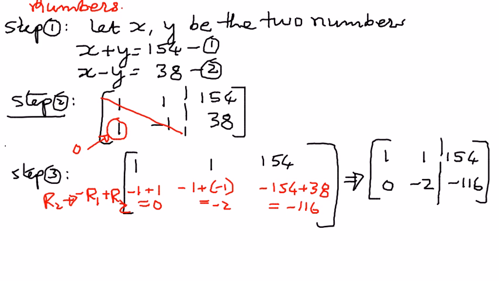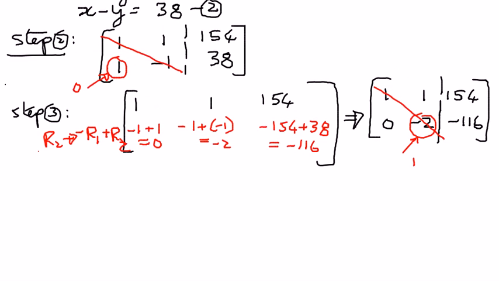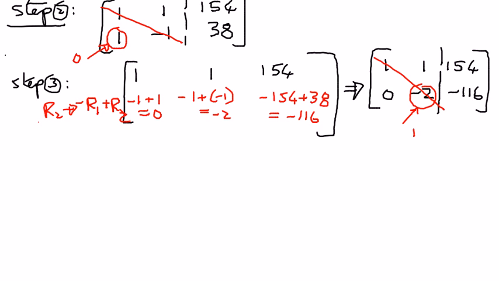What we need now is a 1 in this location. We already achieved a 0 below the diagonal, so to achieve a 1 there, we're going to perform the row operation as follows: 1, 1, 154, and the new R2 is going to be equal to existing R2 divided by -2.